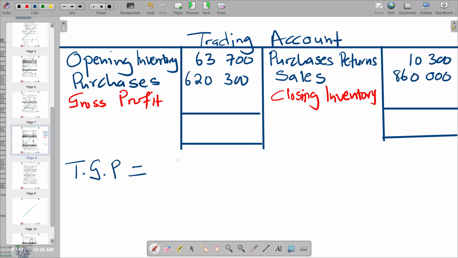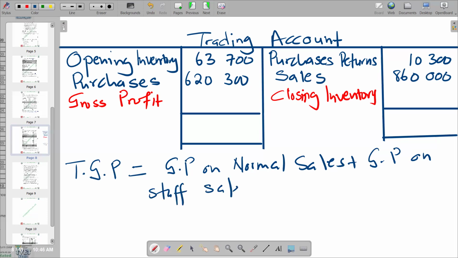Total gross profit is equal to gross profit on normal sales, plus gross profit on staff sales, plus gross profit on sale basis.